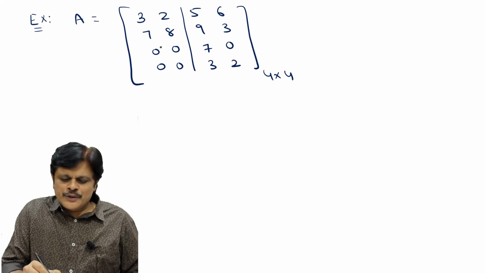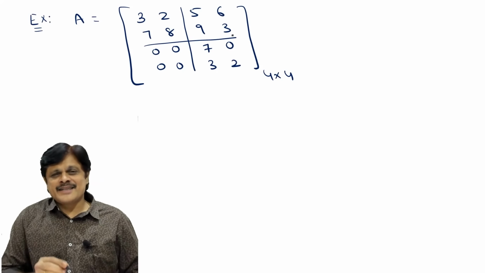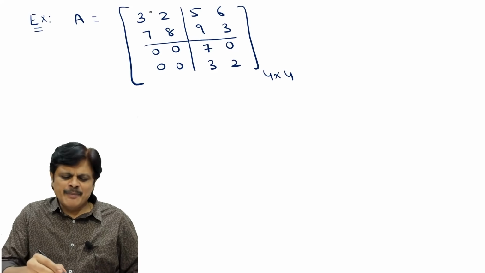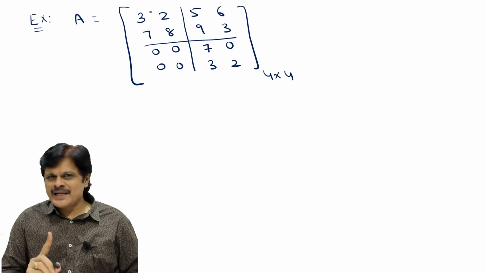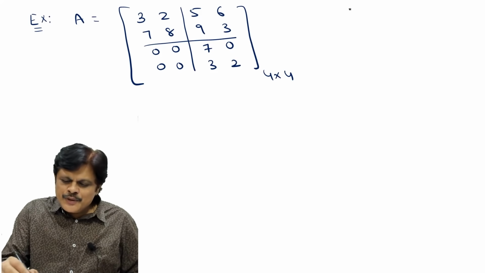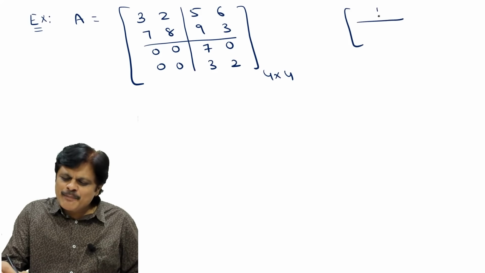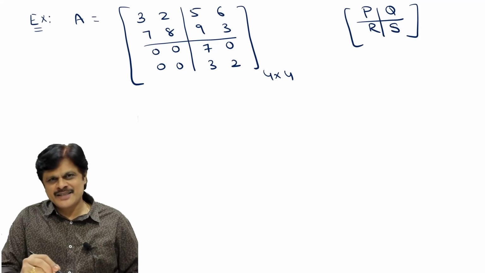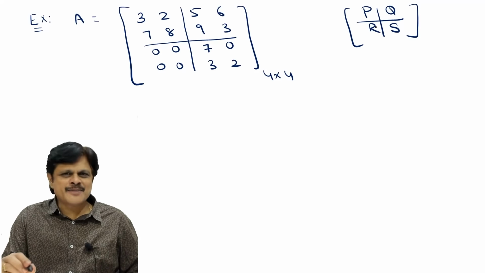You partition the matrix into blocks. It can be partitioned anywhere, but please remember one thing here. When you partition, you may get one matrix here, one here, one here, and one here.